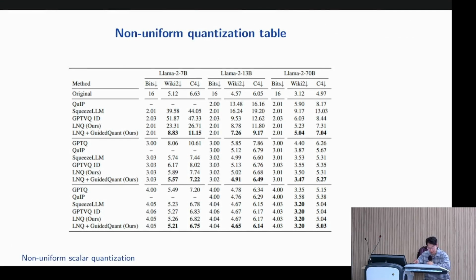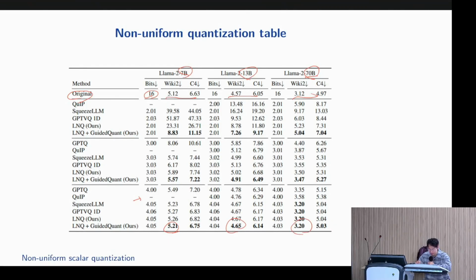So how much performance drop are we expecting? The original network using 16 bits has this performance based on the 2 billion, 13 billion, and 70 billion models. And if you use 4 bits, it's more or less the same.